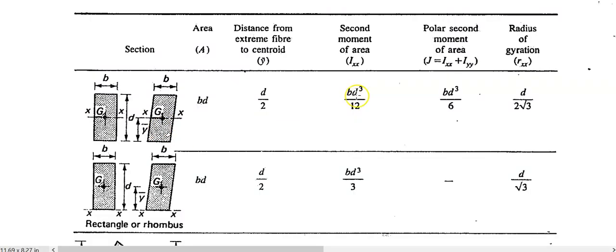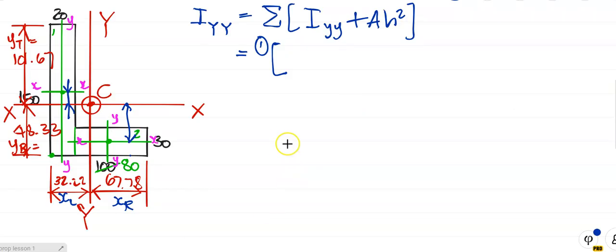But remember, b is always a side parallel to the axis we are taking moments about. So b is now 150 and d is 20 for element 1. Did you get that? It's 150 times 20 cubed over 12.